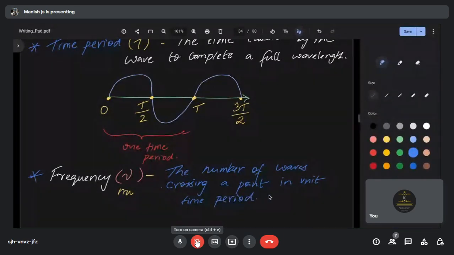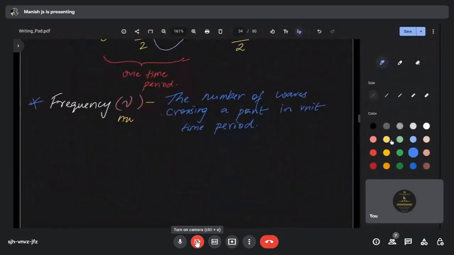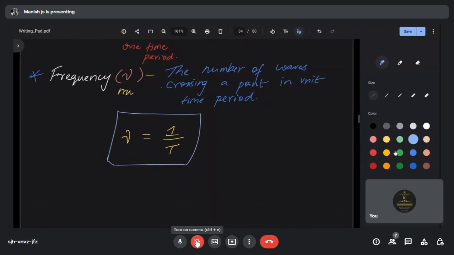So the number of waves crossing a point in unit time period, you call it as frequency. So we can represent the frequency as reciprocal of time period. So 1 by T எழுதிக்கலாம். So this is the relationship between frequency and time period. Very important. This is the relationship between frequency and time period.